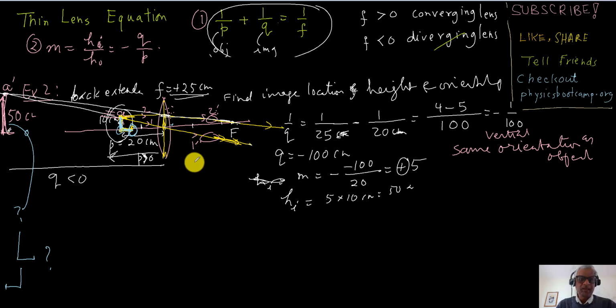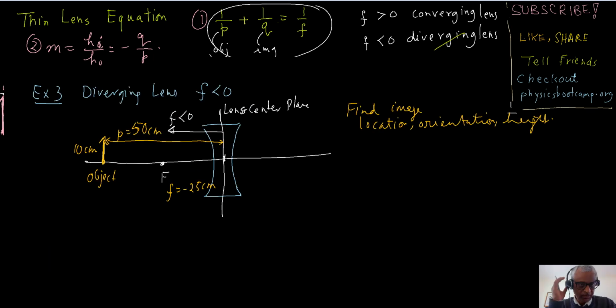Okay, so both these examples were for a converging lens. I wanted to work out an example for a diverging lens. Okay, let's work out the diverging lens case. So a diverging lens is defined as focal length less than 0, or negative focal length.